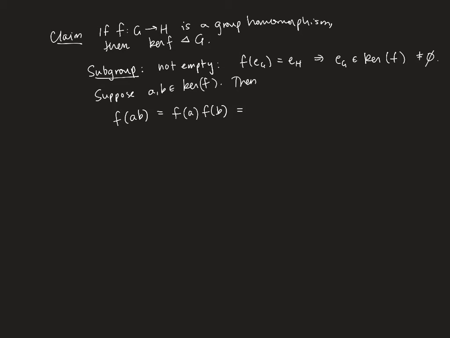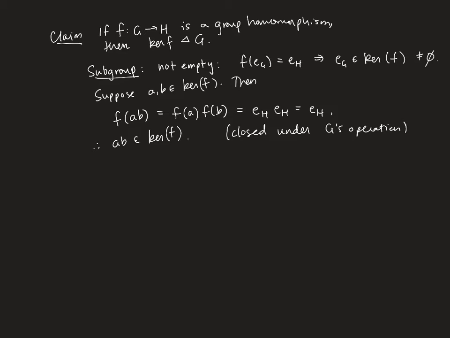By the assumption that A and B are in the kernel, I have that f of A is the identity of H, and f of B is also the identity of H, and the identity times the identity is the identity. And that means that the element of G, AB, is also in the kernel, because when I applied f to it, I got the identity. So it's closed under my group operation. It's closed under multiplication in G.